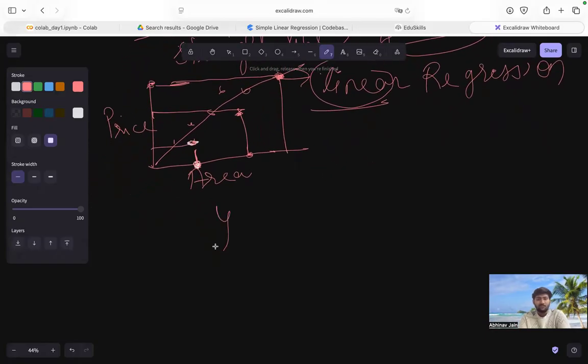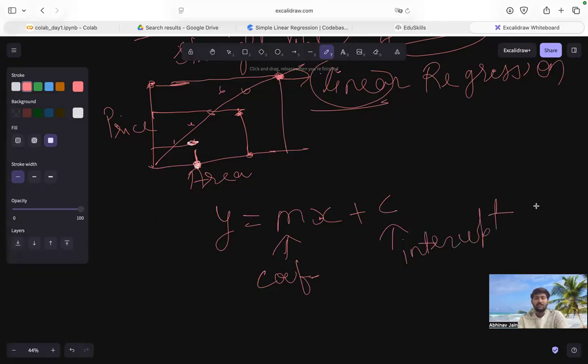Now this m is called your coefficient, and in mx plus c, this c is called your intercept. In machine learning we are basically finding the values of these two parameters only. In linear regression, if we find the values of coefficient and intercept, we can predict the price for any given x.